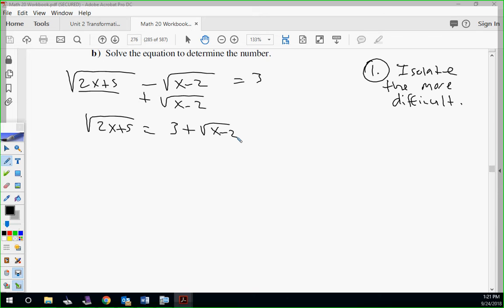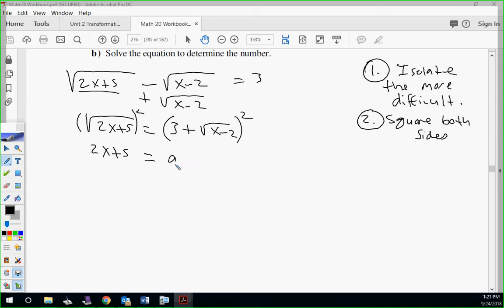Now we square both sides. That becomes just 2x plus 5. We have to FOIL this one out.